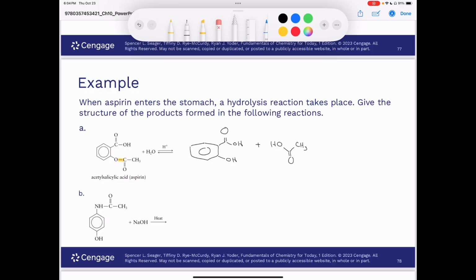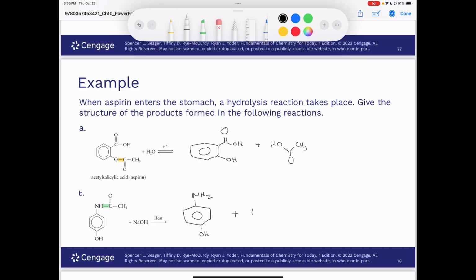And in the bottom one, we're hydrolyzing this amide with base. And so we're going to break the bond between the carbonyl carbon and the nitrogen. But instead of getting a carboxylic acid, we're going to get a carboxylate, and we're going to get the free amine. So our free amine is going to be this para-hydroxyaniline.